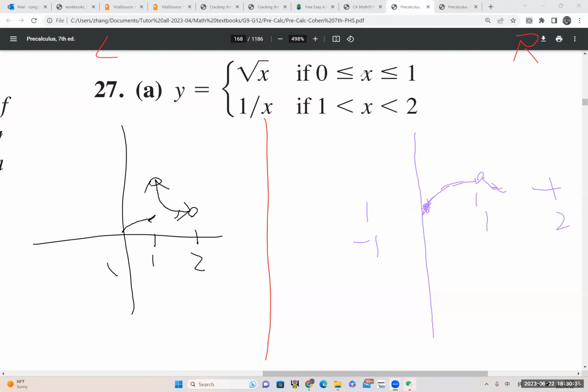Yeah, it's okay. For example, you should mark this endpoint. You should mark what's the value for y here, right? What's the value for, for example, y here? You should mark it.